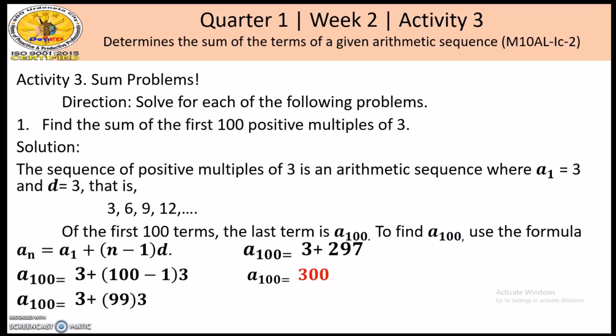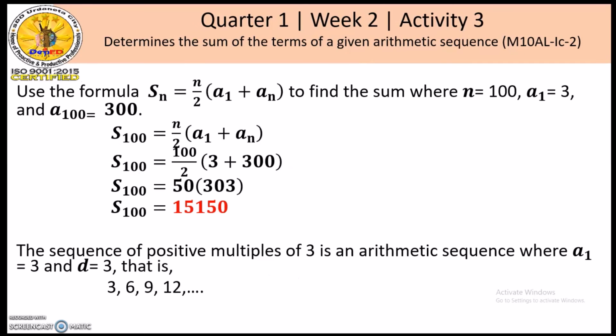Now that we have your a sub 100, we will use the formula S sub n is equal to n over 2 multiplied by the quantity a sub 1 plus a sub n to find the sum, where n is equal to 100, your a1 is equal to 3, and your a sub 100 is equal to 300.